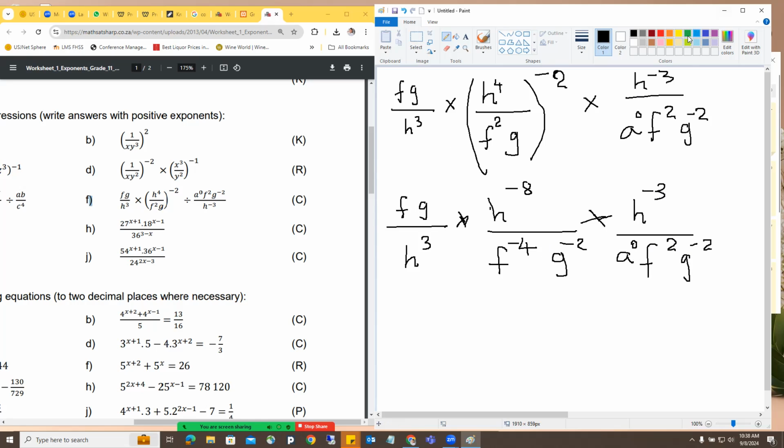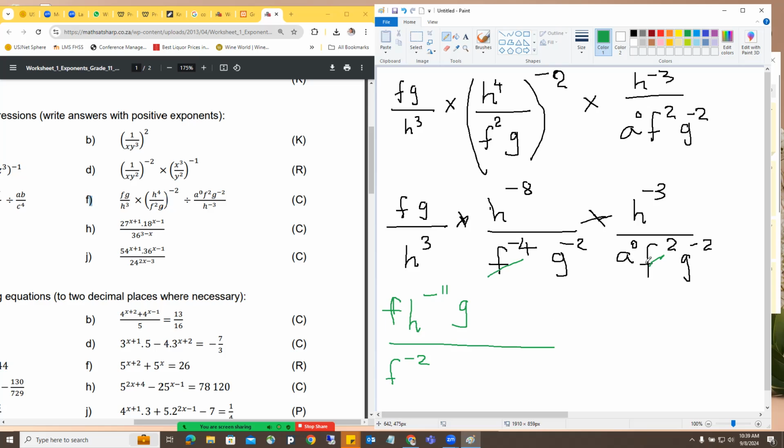Okay. So now we can simplify further. If I simplify the numerator first, then I'll have f, h minus 11 g. Okay. And then divided by, here we have f minus 2, and then again a also there.